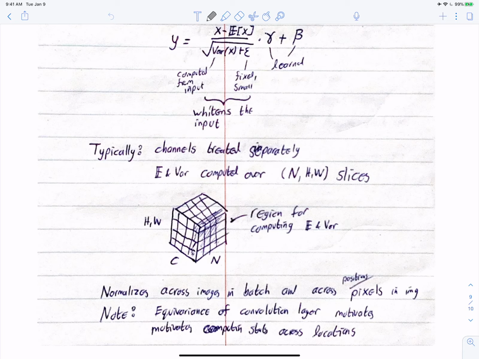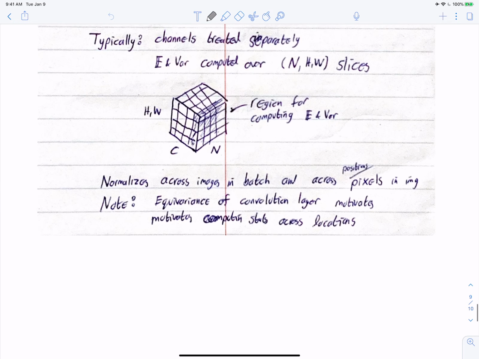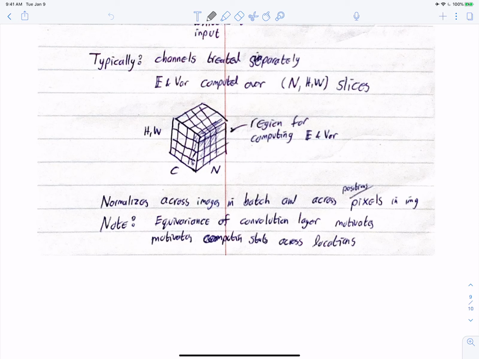So if we're going to normalize across a batch, then we need to do that in a way that treats different parts of the image the same. And so that's why we include the position dimensions in the section that gets normalized by batch norm.